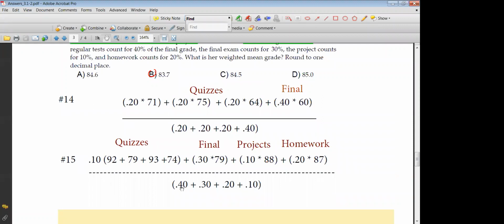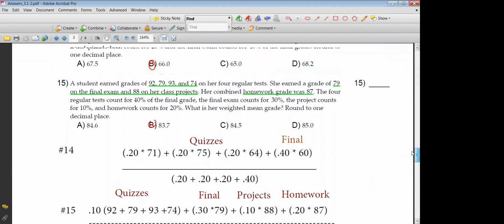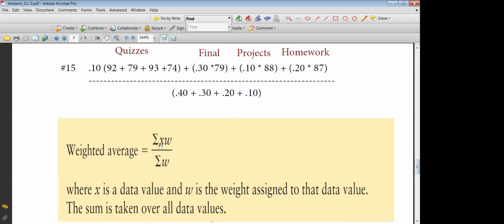You add 0.40 with 0.30 is 0.7, 0.2 more, 0.9, 0.1 more, 1. Your denominators will always be 1. Well, how do you find the numerators? It's the summation. Summation means you're going to add the scores times their weights.